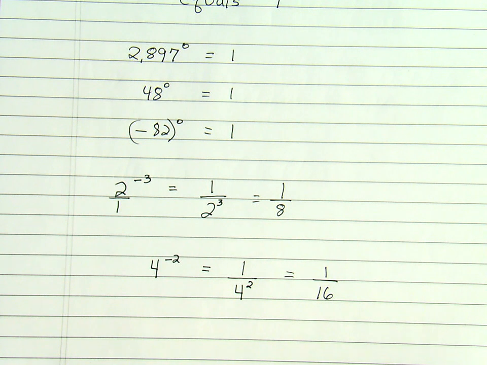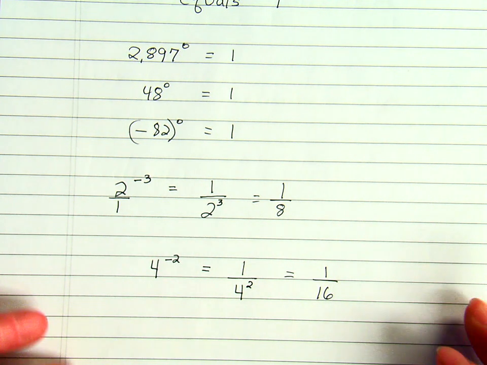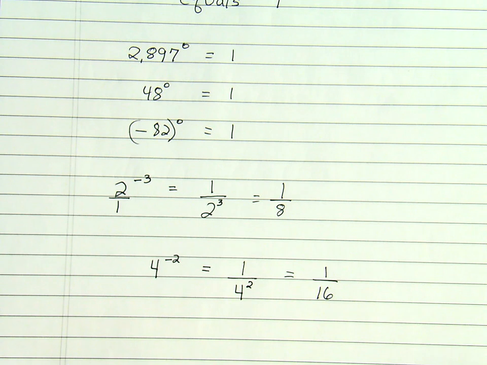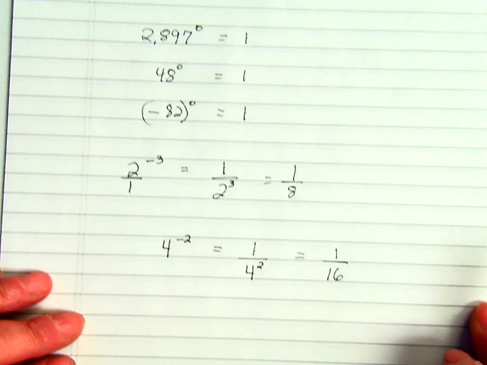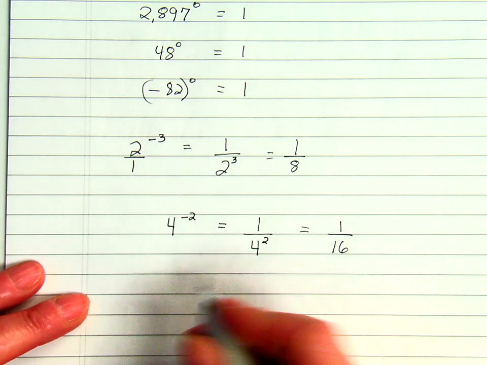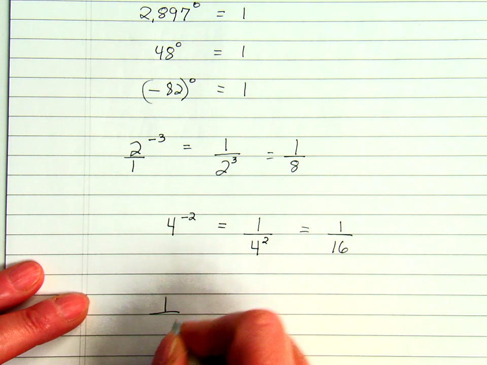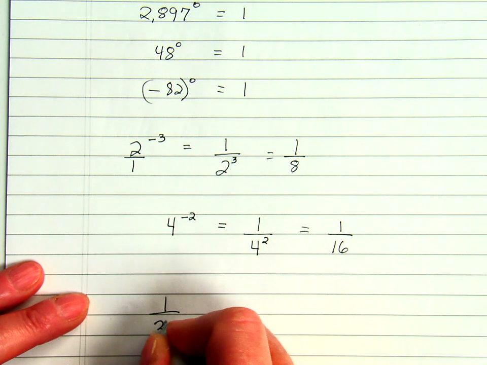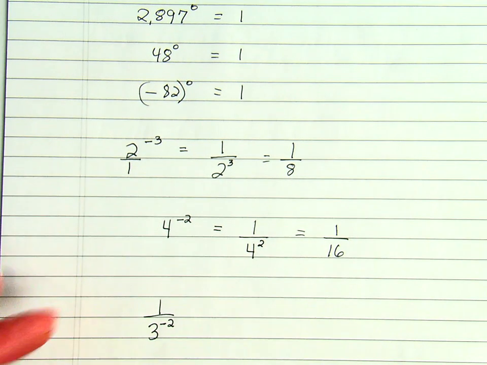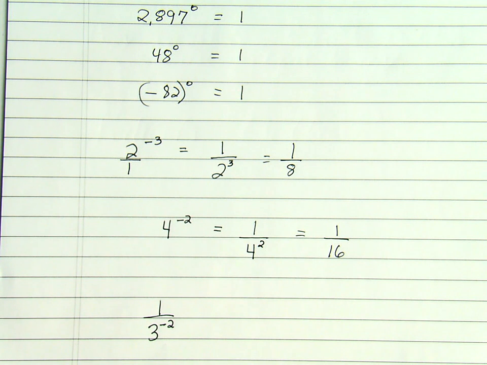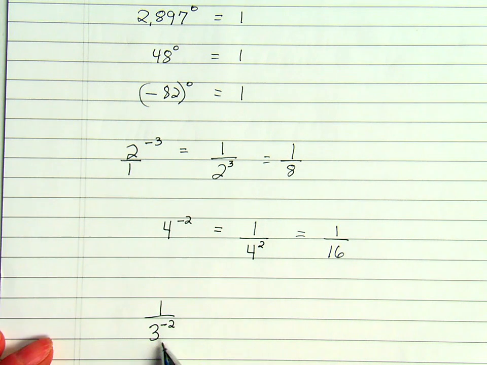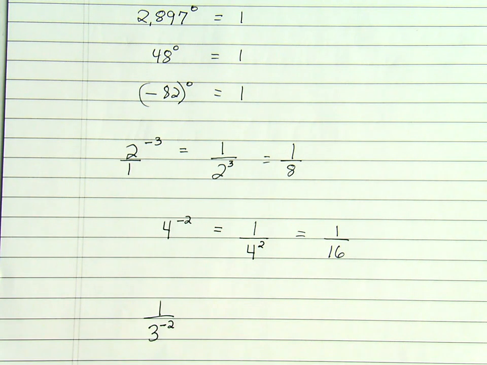Now, you might say, what happens if I have a negative in my denominator? Well, you know what, that can actually happen. So let's say we've got 1 over 3 to the negative 2. This is, once again, an indication that I am not sitting in the place where I need to be. I do not belong in the denominator. I'm not a fraction of a number.